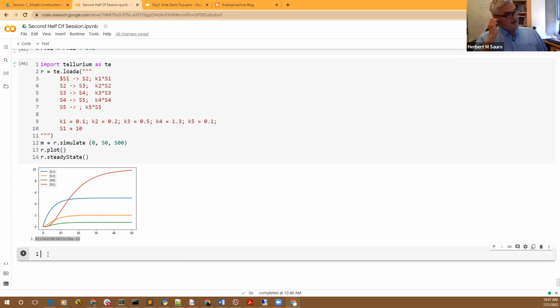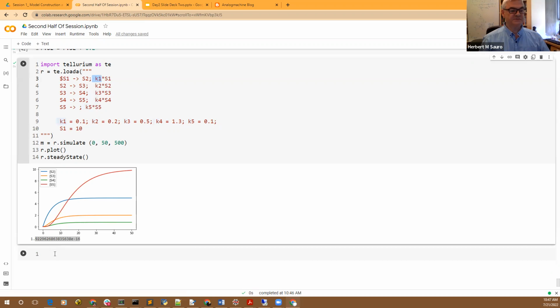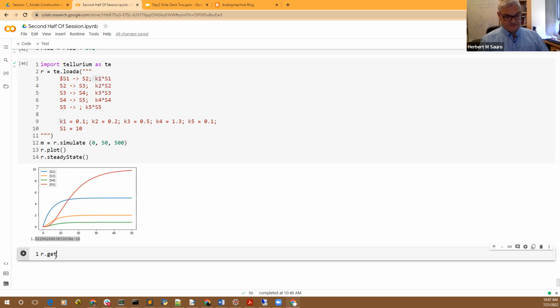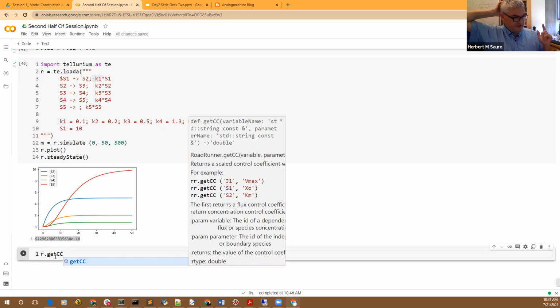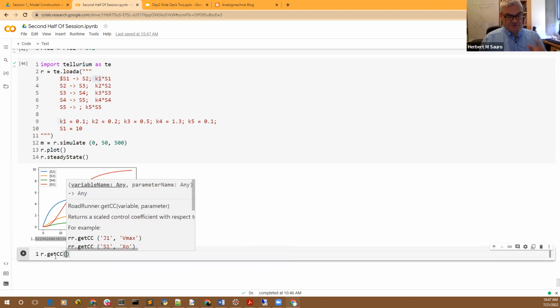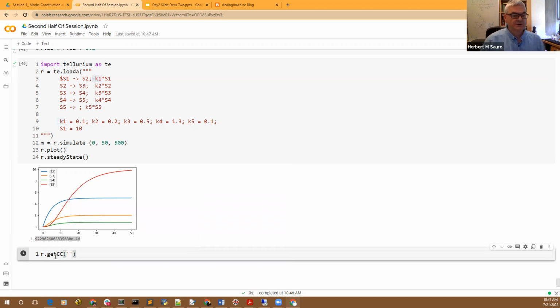Now I can compute the steady state sensitivities of this system. I could ask, for example, how sensitive is the steady state concentration of S4 with respect to K1. That's really easy to do. There's a method called getCC, which gives the scaled sensitivities, and it takes two arguments, which are both strings.